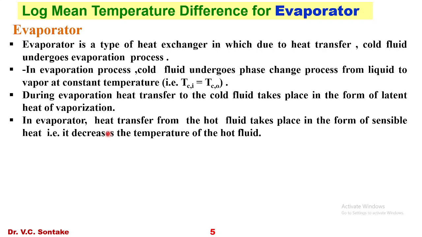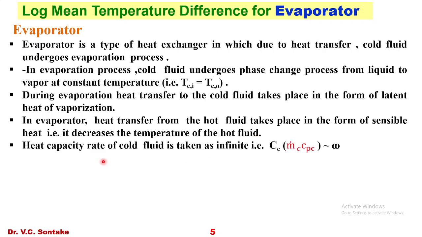In evaporator, heat transfer from the hot fluid takes place in the form of sensible heat, that is, it decreases the temperature of the hot fluid. Heat capacity rate of cold fluid in case of evaporator is taken as infinite, that is capital Cc, which is the product of m dot into small cpc, tends to be infinity.